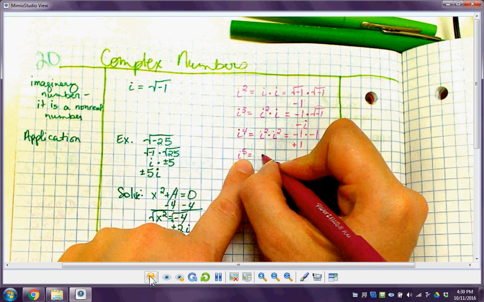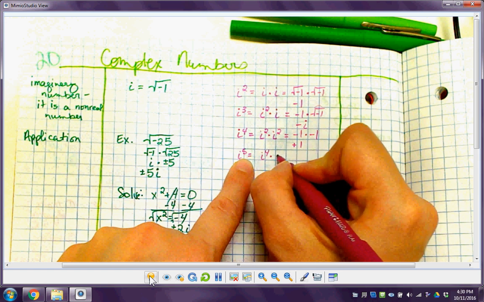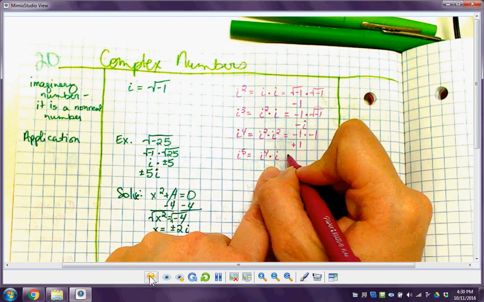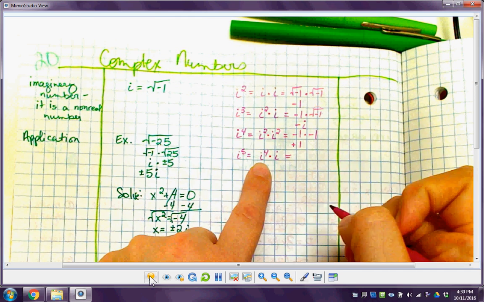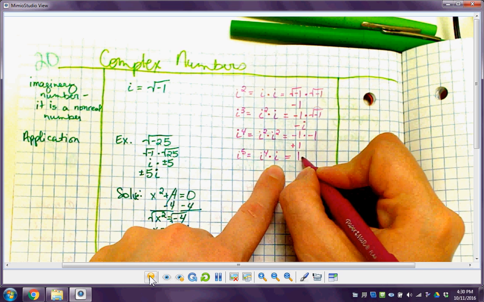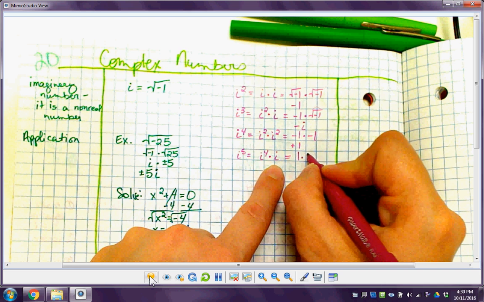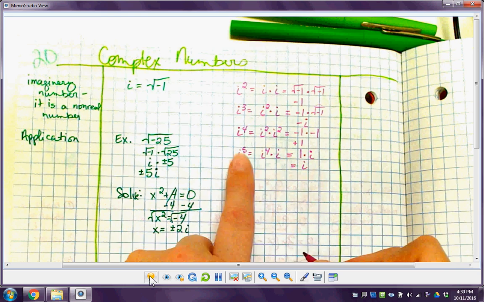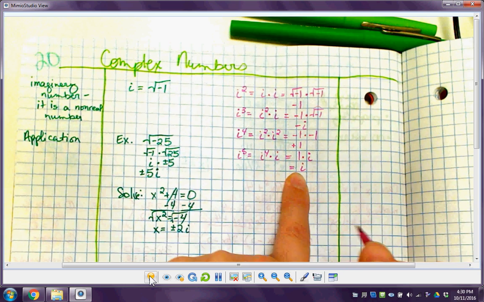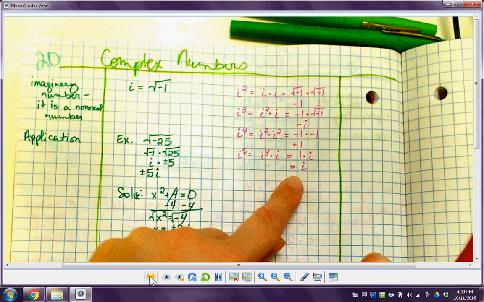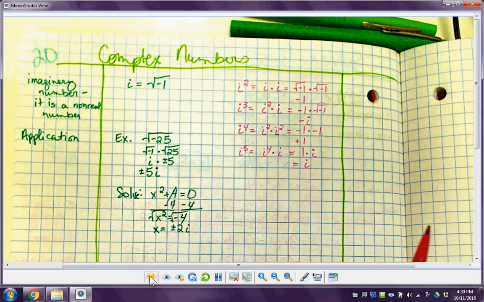So I'm going to write it as i to the 4th times i. What is i to the 4th? 1. I, we're just going to keep as i. There's no way to simplify it, and my final answer is i. i to the 5th is i. Again, that's really interesting. It's simplifying. It's becoming a lot smaller.